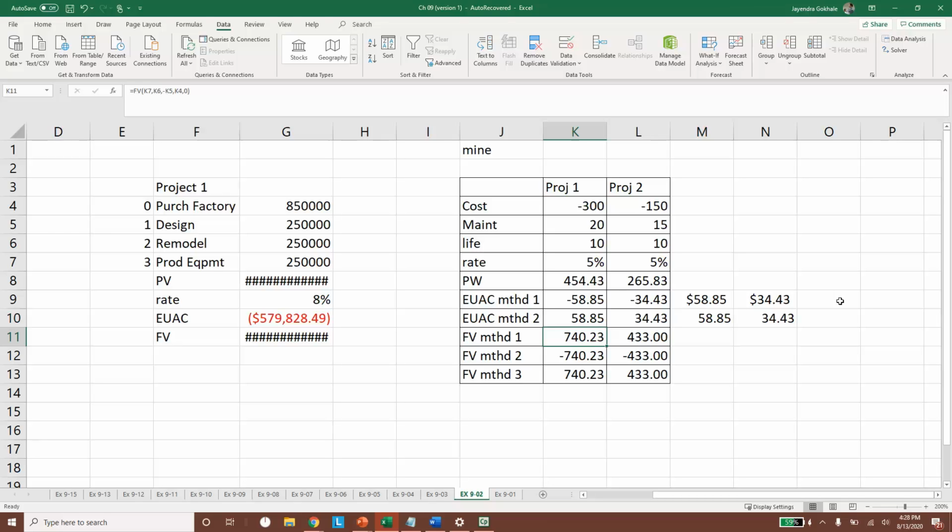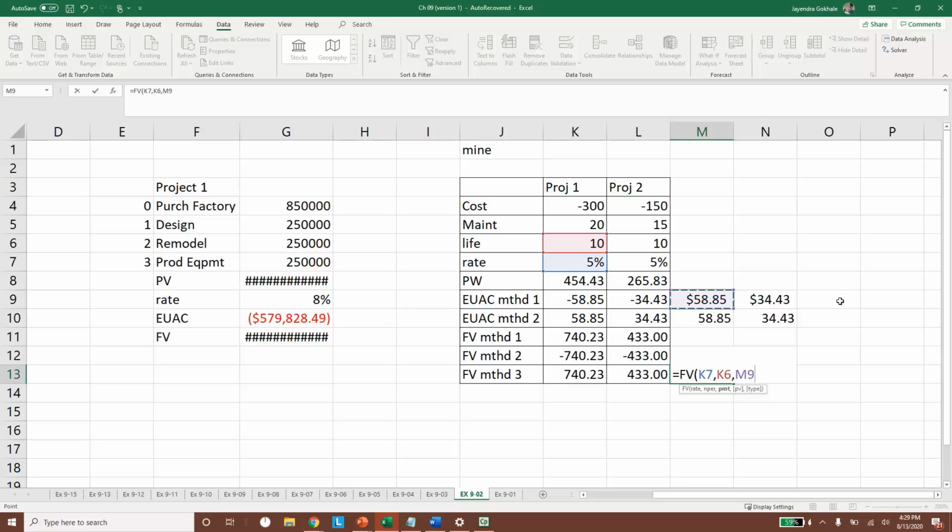Now future value can be found out using three methods. The FV function can be imposed on the present value or the payment or on both the initial cost and the lifetime. So we'll just do the most tricky one. Equals FV, the rate, comma, the number of periods, comma, the payment.